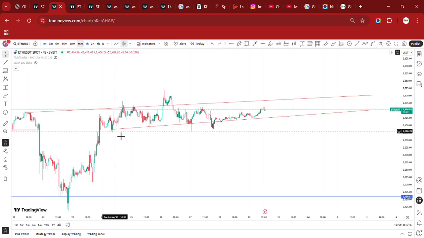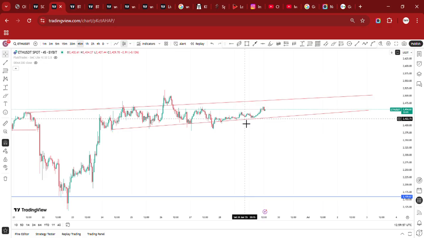That means we'll be looking at where the possible support zones are at this level. Remember, when you are trading a channel, they will always tell you to first wait for the market to break a path. Now this one I'm explaining is just for you to detect the possible place that the market might break.